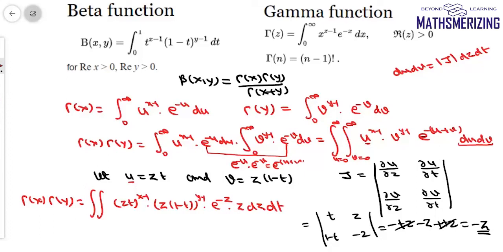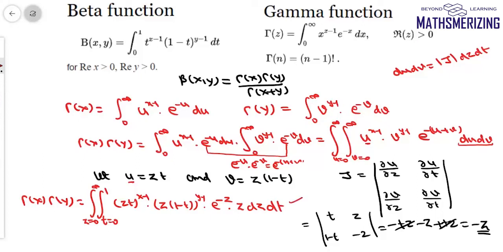So we have changed this double integral from u and v to z and t, and we did it using the Jacobian. Now here the value of t will vary from 0 to 1, and the value of z will vary from 0 to infinite, because we have this integral from 0 to infinite.